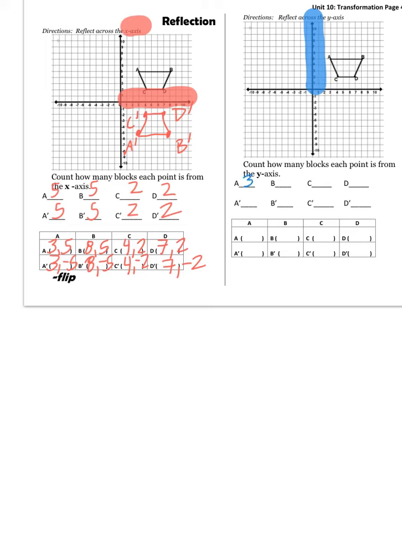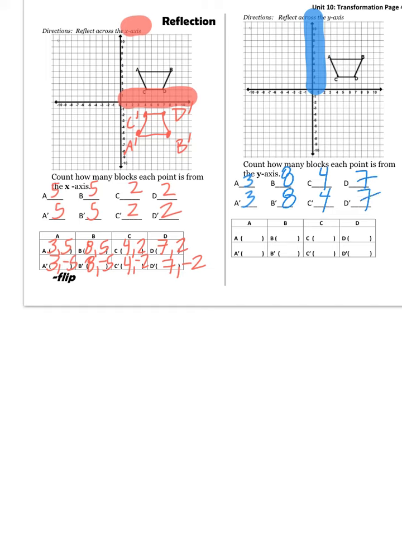So that means A prime also needs to be 3. B is 1, 2, 3, 4, 5, 6, 7, 8 units from the y-axis. So B prime will also be 8 units away. C is 4 units. So C prime will also be 4. And D is 7.